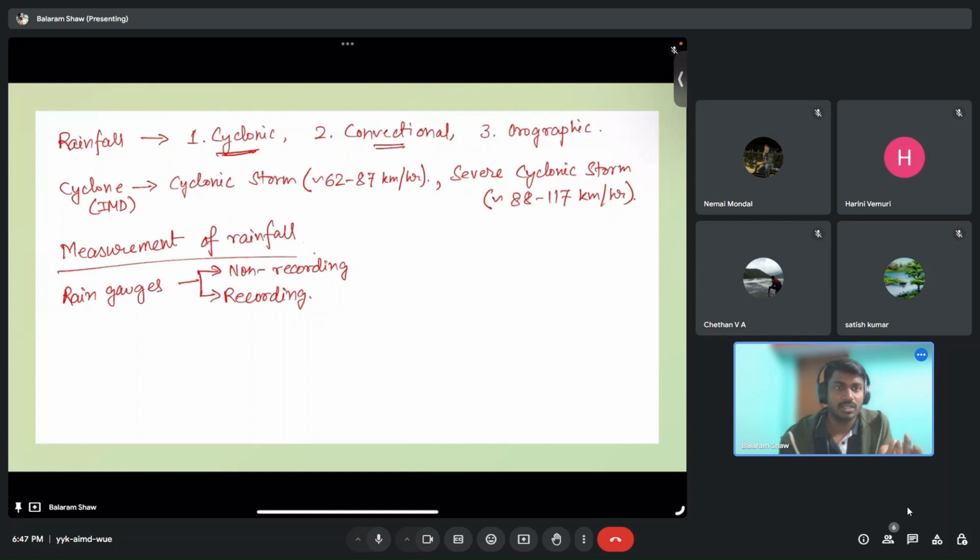Right. Okay, so I was mentioning the tipping bucket type, right? Should open, I'm not sure. Okay.